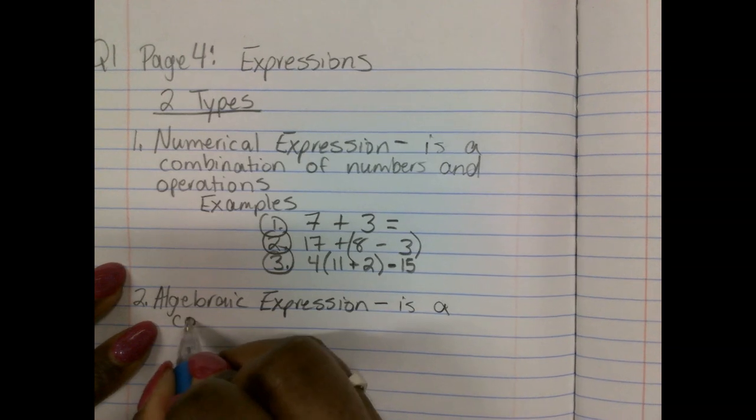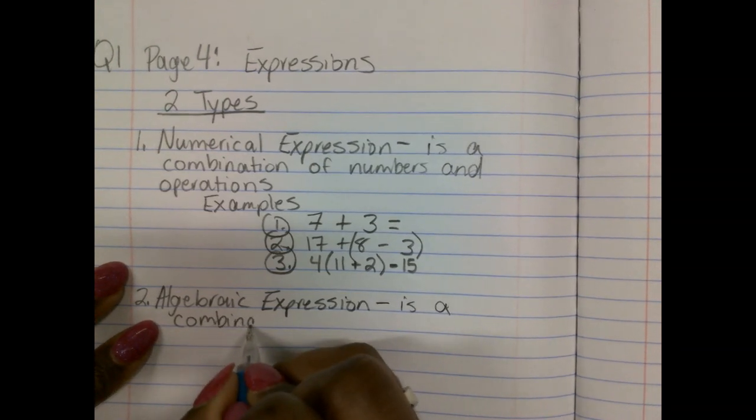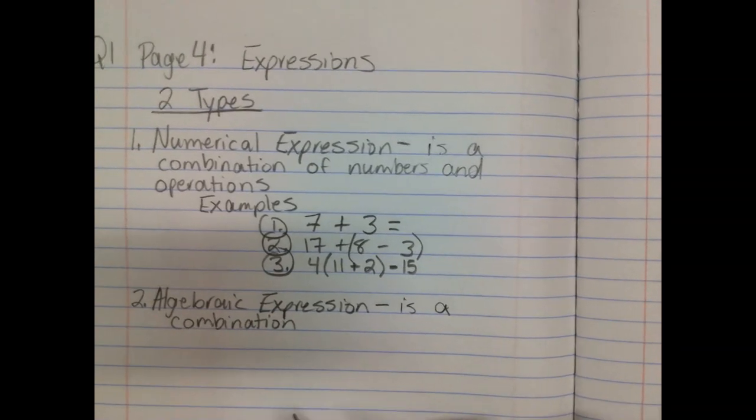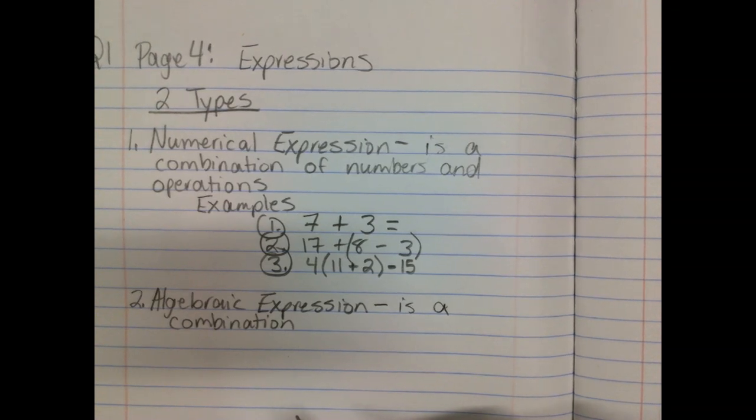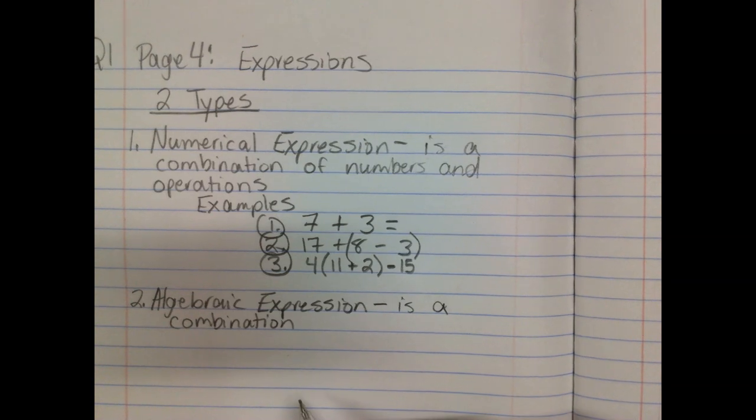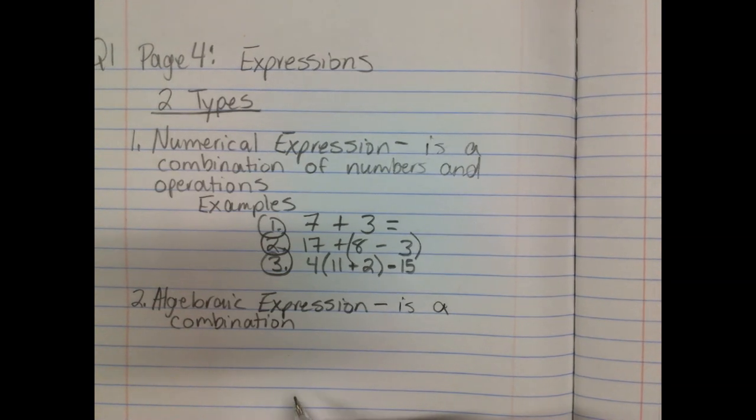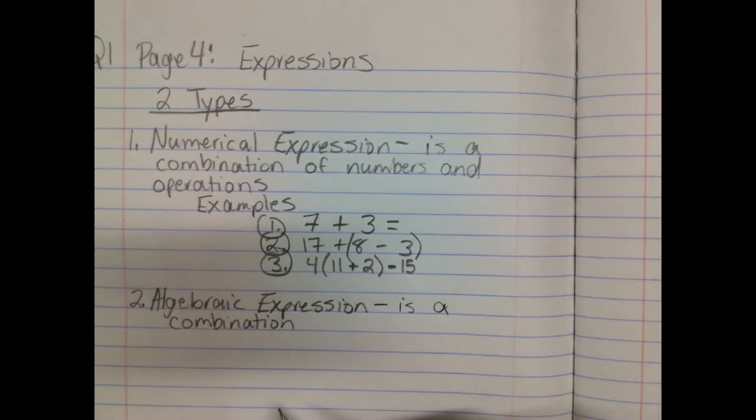It's a combination, we know, right? But what do you think it's a combination of? What do you think is going to be the difference between numerical numbers and algebraic? What's the difference? Yes. This one will have numbers. This will have letters, which we call what in mathematics? Variables.